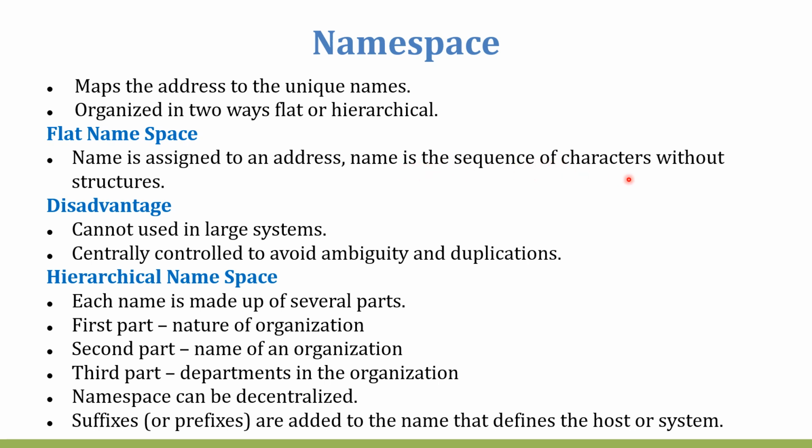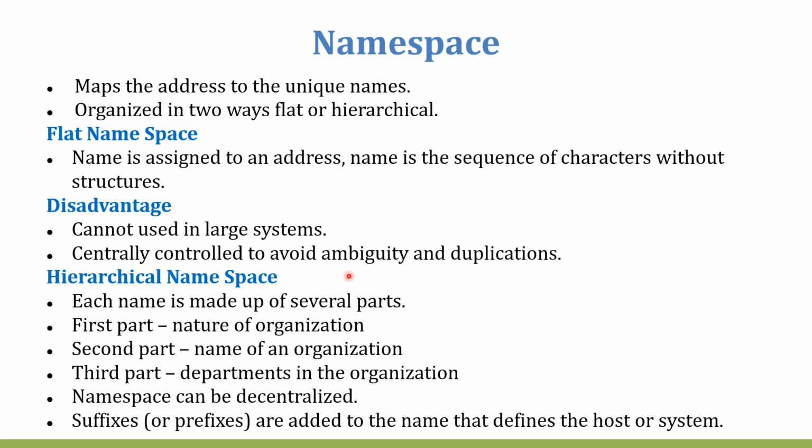Each name is directly assigned to an address. This system does not work well for large networks because it must be centrally controlled to avoid ambiguity and duplicate names. Managing it becomes difficult as the number of names grows.